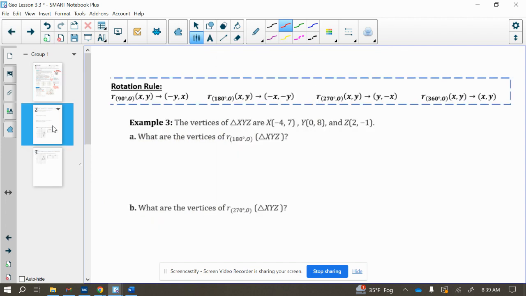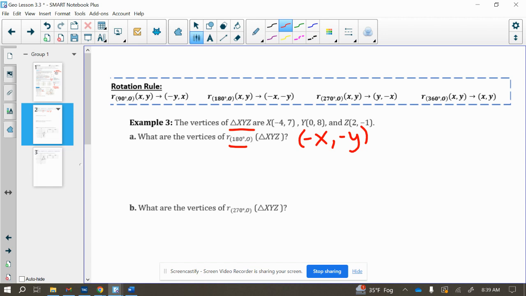All right, so we want to use these rotation rules ourselves to rotate some of these points. In our original example, we have triangle XYZ, and these are our pre-image points, and we want to rotate them in this first one 180 degrees. So our rule, if we look at the chart above, is that we are going to flip the signs of the originals.